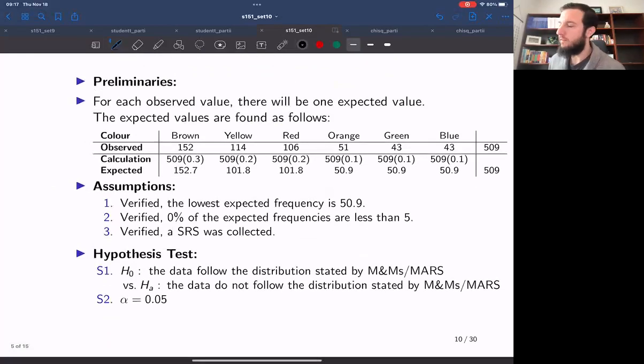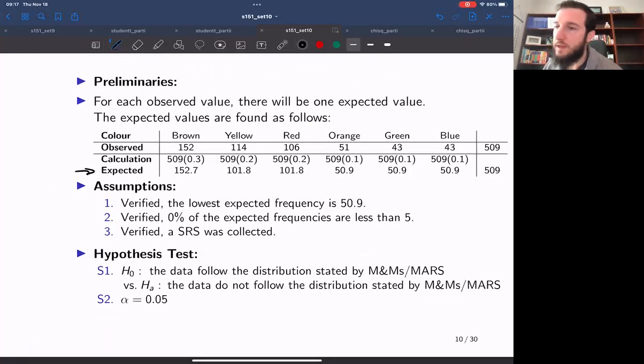Okay, so before we run the test, we need to compute the expected values. The expected value calculation is shown here. We're taking our sample size, which was 509, and multiplying that by the pre-established color distribution.